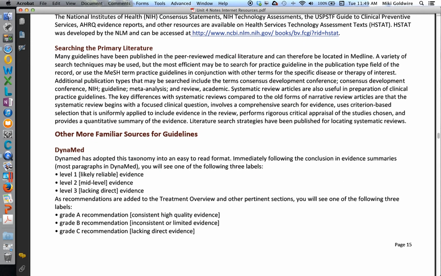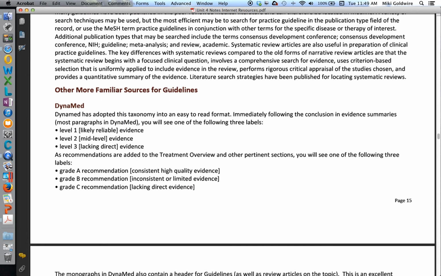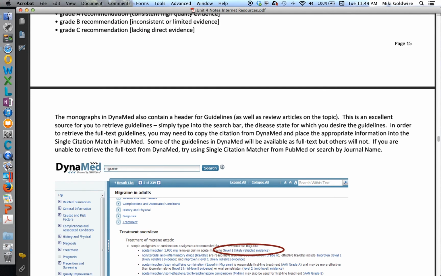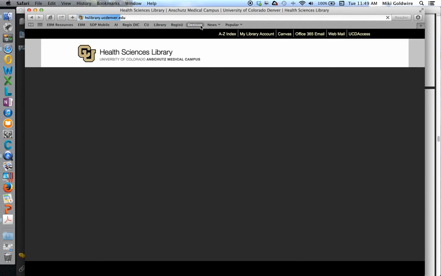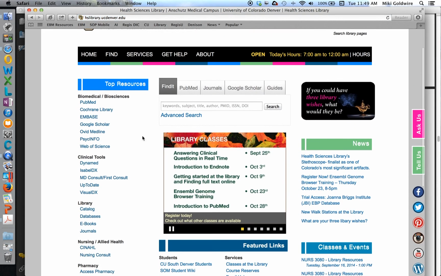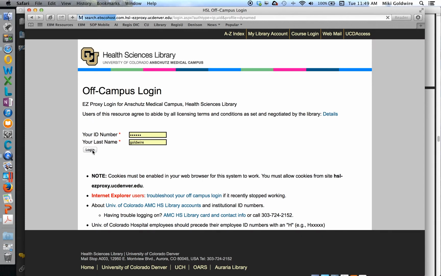Other databases we can use include our drug databases. Dynamed. Dynamed has adopted a taxonomy to allow you to easily see if the recommendation is warranted. So for example, if we go into Dynamed, again, I do like Dynamed.